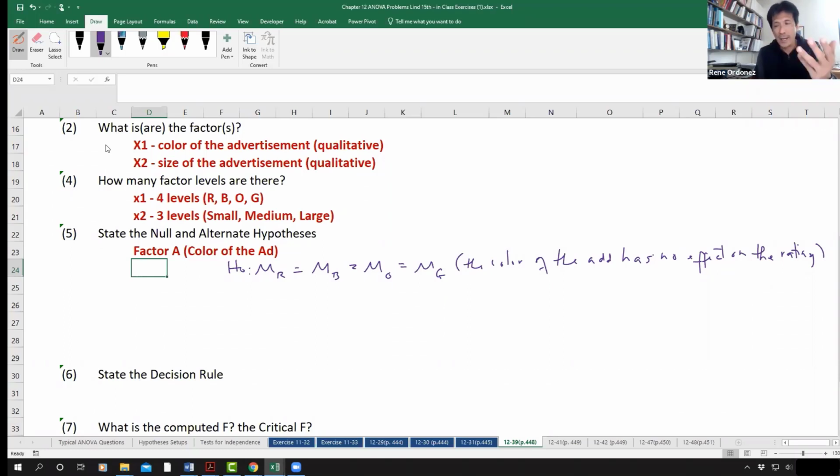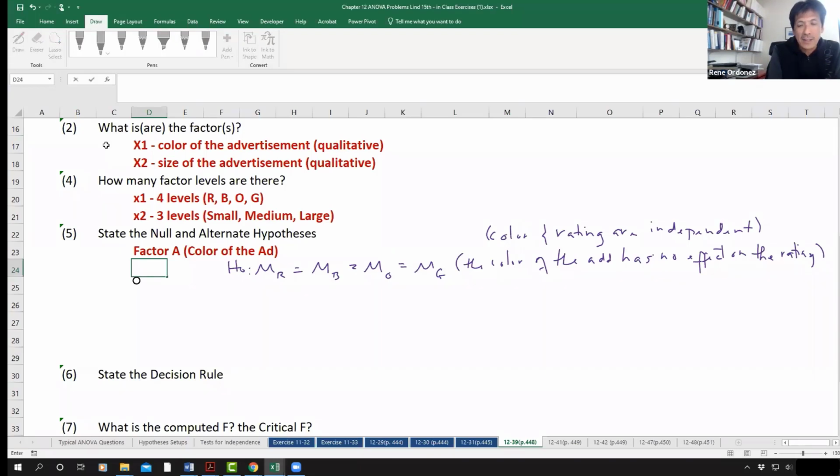Or the other way we express this, as we did in the one-way ANOVA, is that we will say that the color of the ad and rating are independent, meaning the color of the ad does not make any difference in terms of how a consumer or a customer will rate the ad.